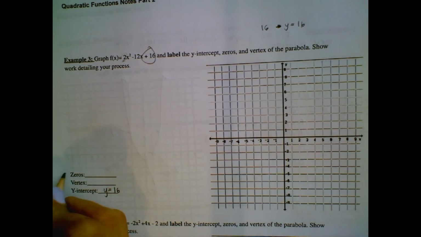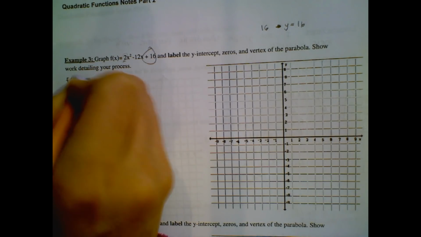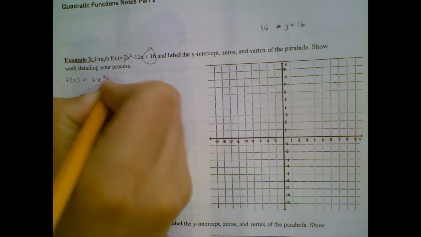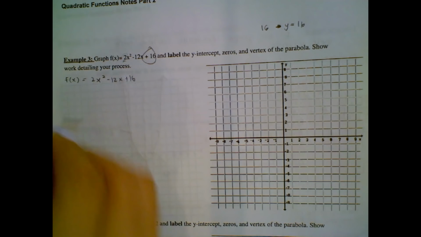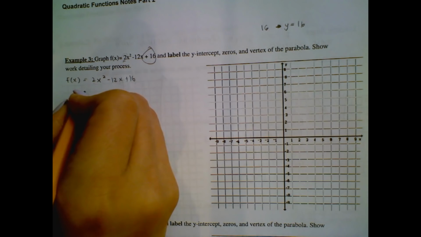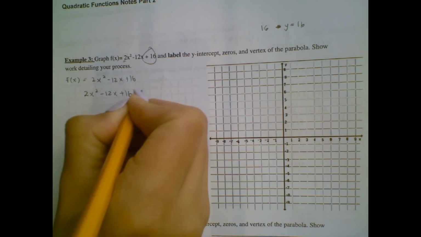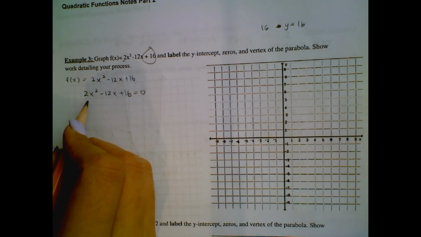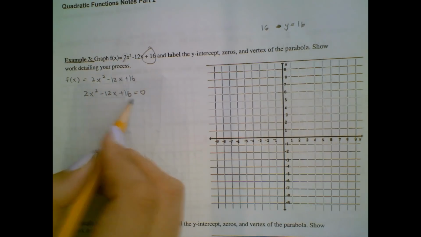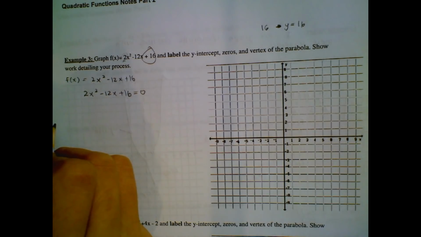Let's go ahead and now try to find the zeros. So we have this function. First things first, I could do my regular box method here to find my zeros. And first, let me set this equal to 0 because that's the step of finding zeros. I could just go ahead and start putting this in the boxes, but I noticed that 2 is a common factor in all of these.